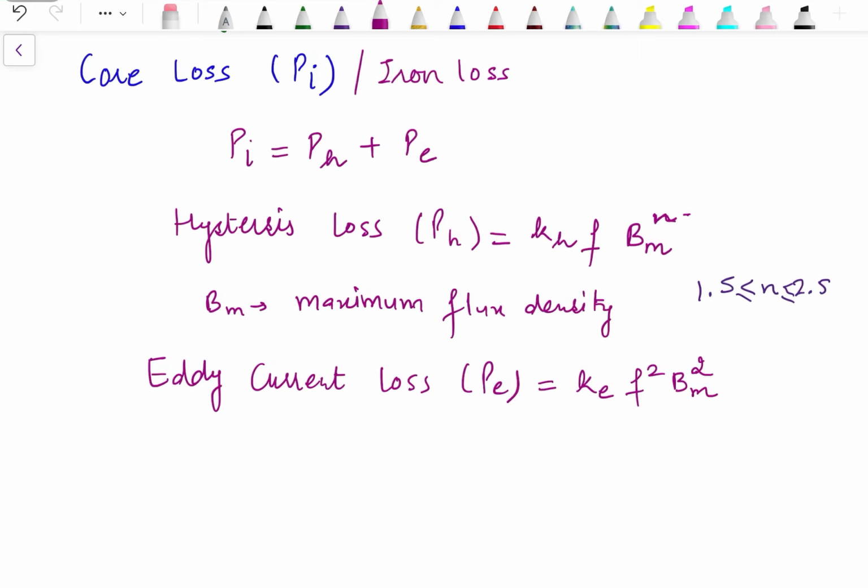Now if you remember the EMF equation, which I had covered in the previous videos, it was given as 2 pi f N phi max upon root 2, which is equal to 4.44 f N phi max. So you can check this video in the link which is available in the description box if you haven't checked it earlier.